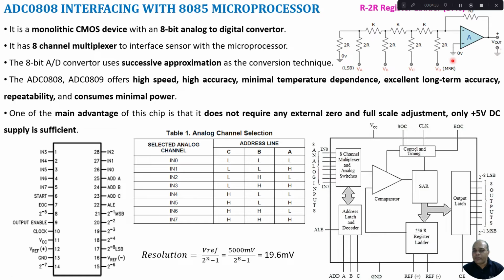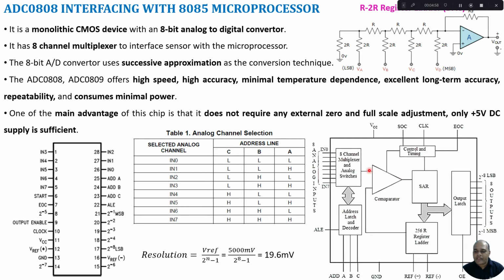This is the opposite of your ADC. I give digital data and it produces an analog voltage corresponding to those digital bits. The corresponding voltage generated by this R2R ladder is given as one of the inputs to the comparator.